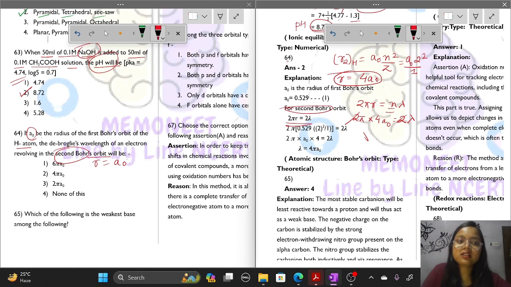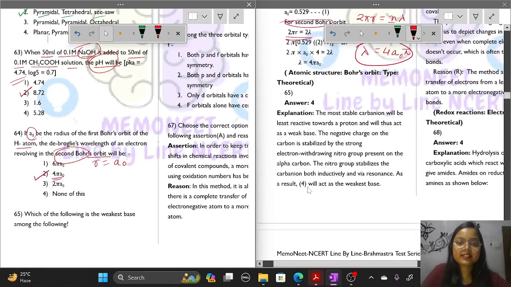So lambda will be 4 pi A naught, right? This will be the correct option. Question number 64, the correct option is 4 pi A naught, option number 2. Clear?